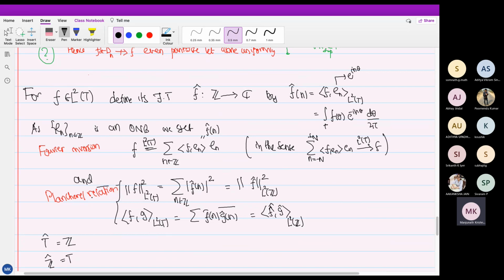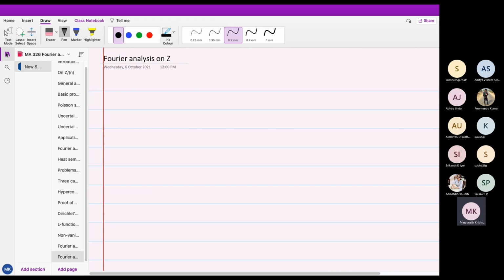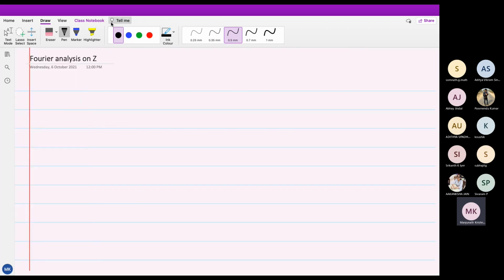So when I say the dual of the circle group is the integers and the dual of the integers is the circle group, I should study Fourier analysis on integers first. Then we will see the inversion properly, right? So that's what I want to do quickly. Fourier analysis on integers is more or less a triviality, but still there are features which are something to pay attention to.